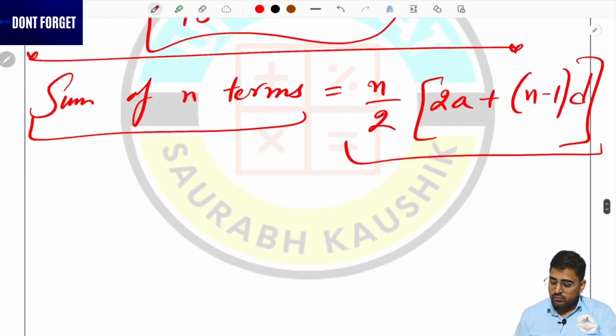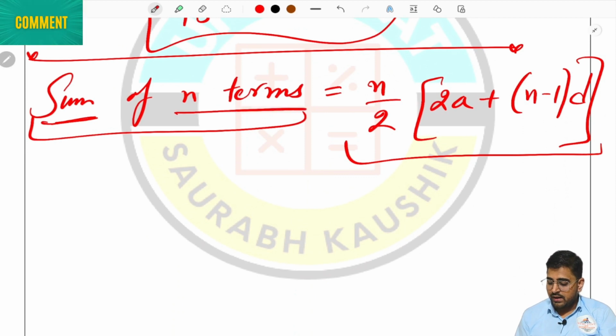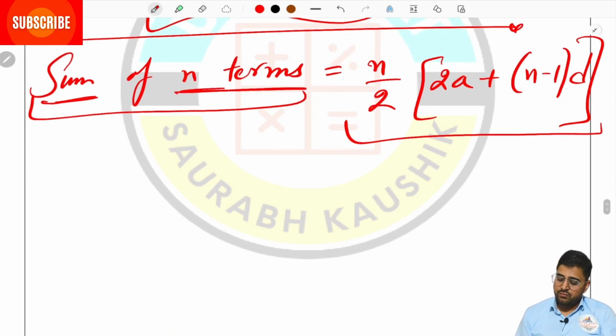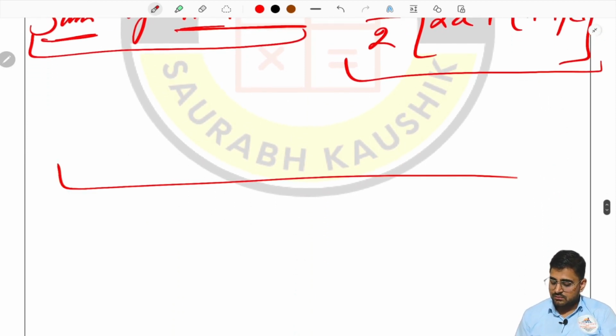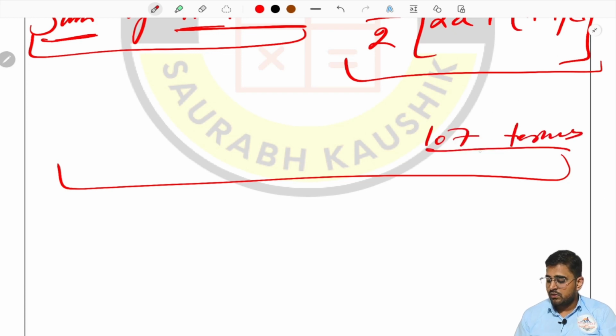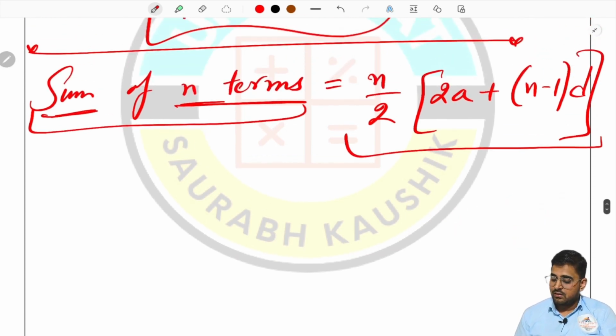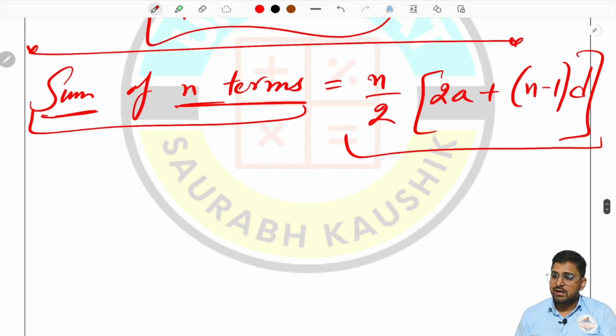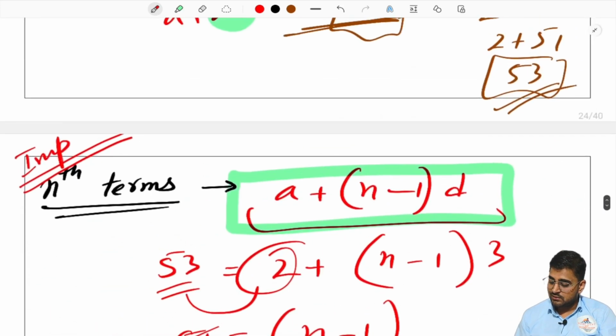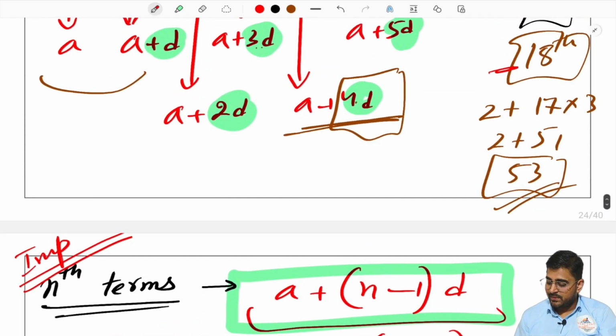This is the formula for the sum of the n terms. For example, if there are 107 terms and you have to calculate the sum of the 107 terms, how will you find it? We are not going to find it for 107, we will just stick to this one.